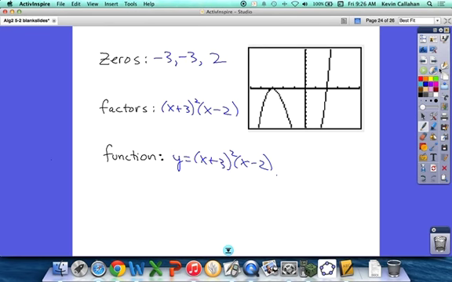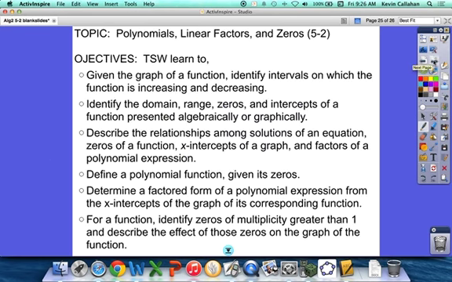That's a lot of stuff. So if we go back over this now, the increasing and decreasing we talked about. We talked about zeros and intercepts. We really didn't talk about domain and range. Zeros of a function, describe the relationships between the zeros of a function and the x-intercepts of a graph and the factors. We did all that. We defined a polynomial function given the zeros.